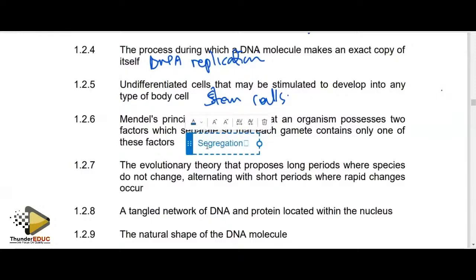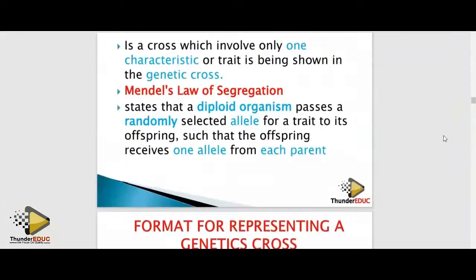It's segregation. So now, where do we find this answer? We will find this answer in this booklet. Mendel's law of segregation says that diploid organisms pass randomly selected alleles for a trait to their offspring, such that the offspring receives one allele from each parent.